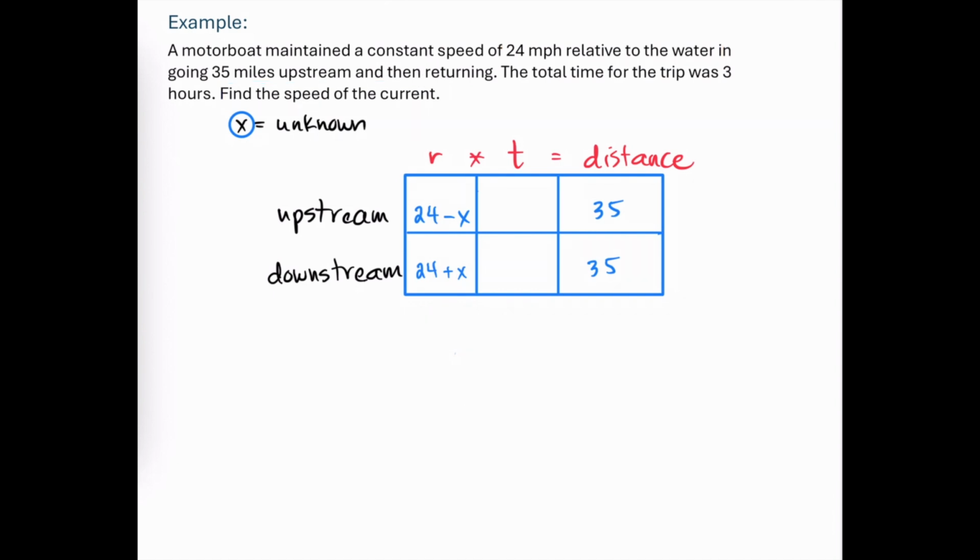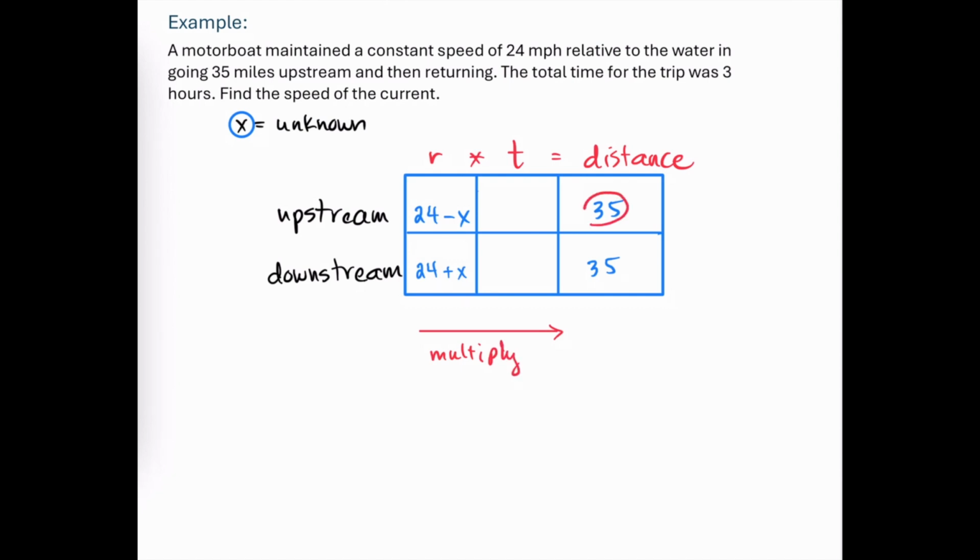Now this problem is different than some of the others that we've seen because we do have two columns populated, but it's not the first two columns. This time it's the first and the third column. But we really only need two columns to be populated in order to be able to figure out what the third column must be populated with. If it was the first two columns populated, we would be multiplying across to come up with the third.